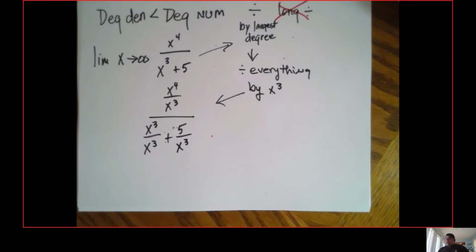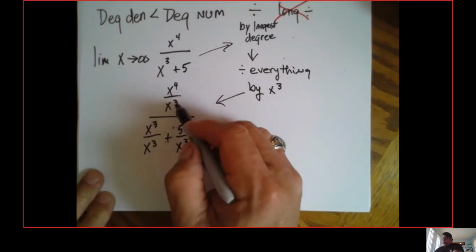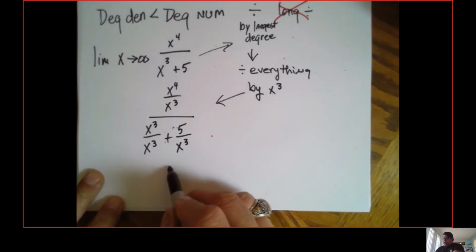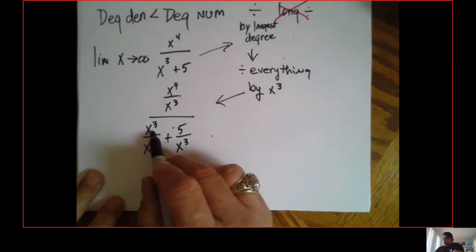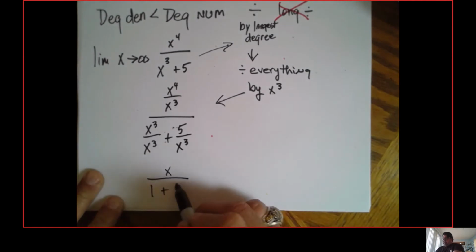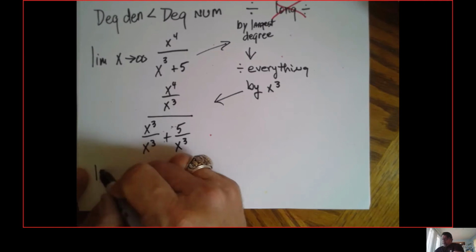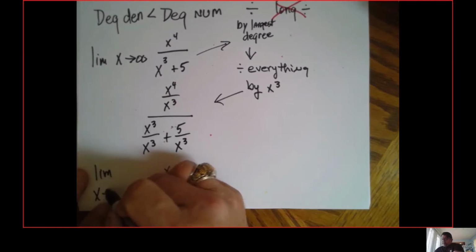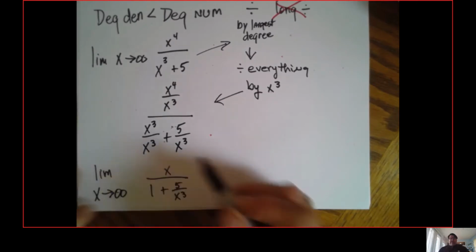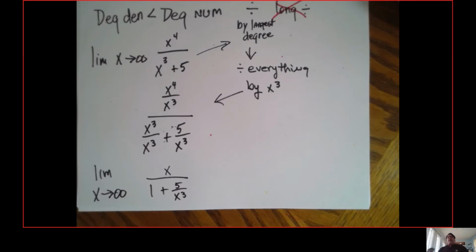And now reduce it. So that x to the fourth over x to the third is going to be x. And that's going to be 1 plus 5 over x to the third. And I'm going to put my limit down here as x approaches infinity. And I got to think out of the box, because now I'm going to plug in infinity and think what's going to happen here.